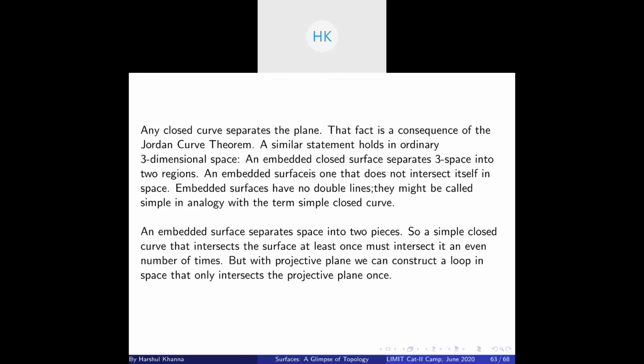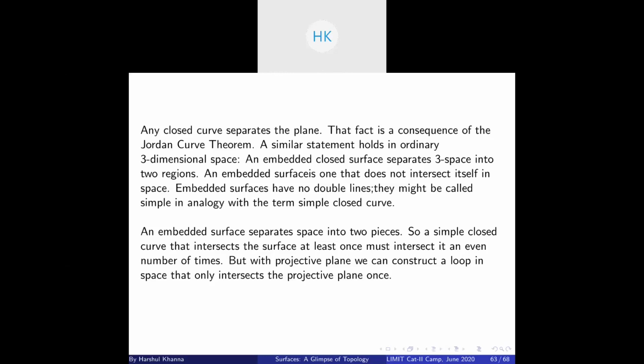These separate the three space into two regions, the inside and outside. Embedded surfaces can be thought of as the analogy of simple in the term simple closed curve, but it is not exactly that easy to state. Embedded surfaces are much more complex than simply saying they are analogous to simple closed curve.